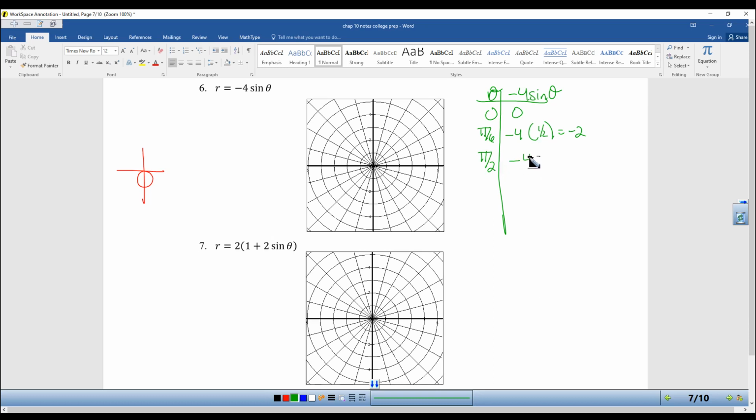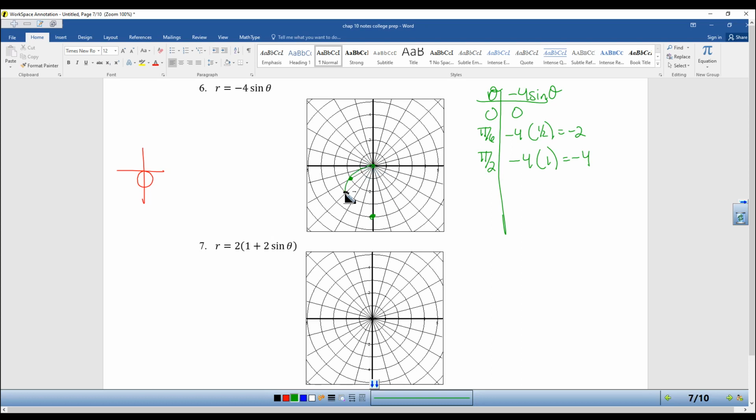So pi/2 is 1, so I get -4. Always plot them in order. You're starting at 0, and then you're going to -2. So on the pi/6 line, I'm actually going to go backwards to -2. And then at pi/2, I'm going to go to -4.